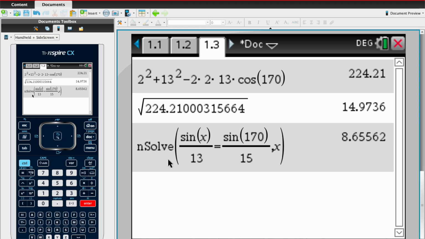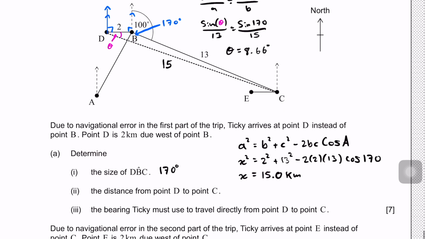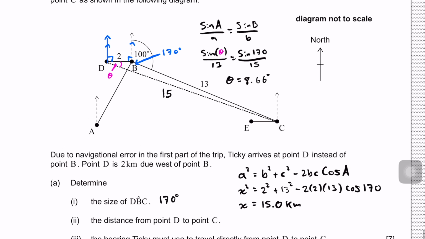So what is theta? Let's go back to the document here. So 8.66 degrees, or 8.67 as they're giving it to us if we were to have kept all of our digits. What is the total bearing that she needs to sweep through?